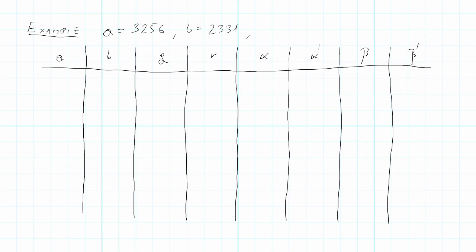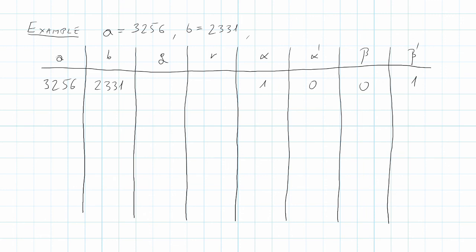Okay, so we start as before. So A is 3256, B is 2331. But now, according to the algorithm, we need to initialize alpha, alpha prime, beta and beta prime to be respectively 1, 0, 0, 1. Now we compute all the other stuff.